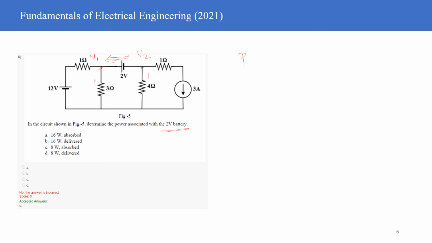So, is there any other method of figuring things out? Like, have you read the superposition theorem? Yes, sir. Have you read this, Hassan, superposition theorem? Yes, sir. Keep one voltage source alive and the other is shorted.